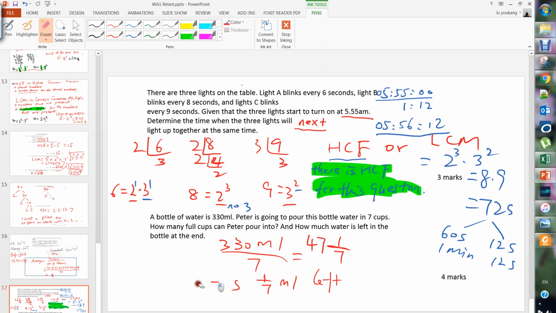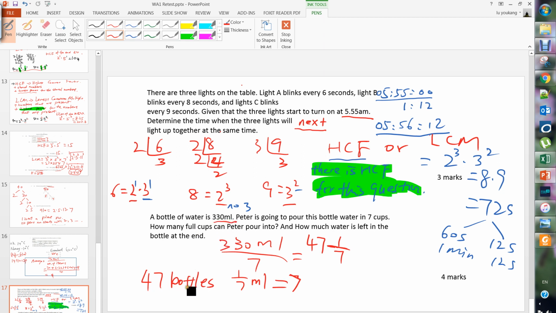As you can see, if you do reverse engineering, meaning if you try to write 47 bottles and then 1/7 milliliter left, you can try to see if you can get back the original 330 ml.